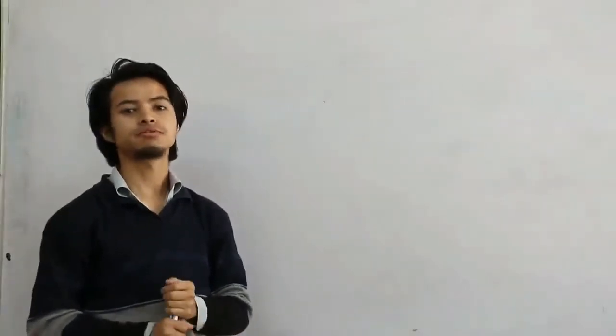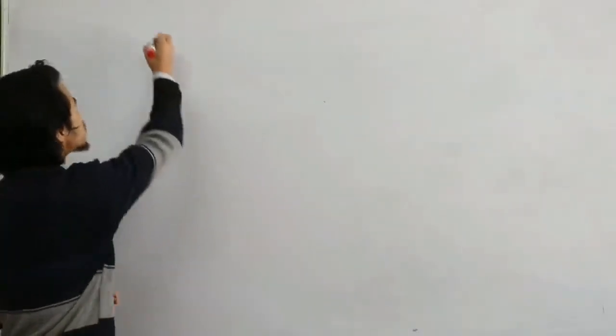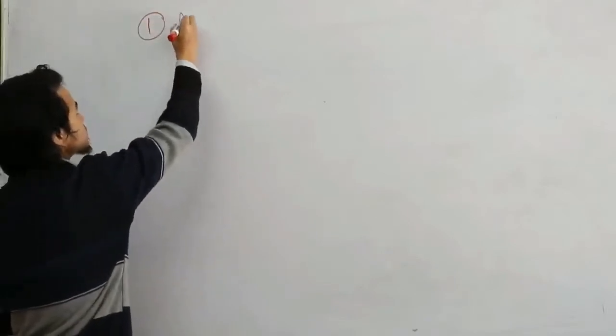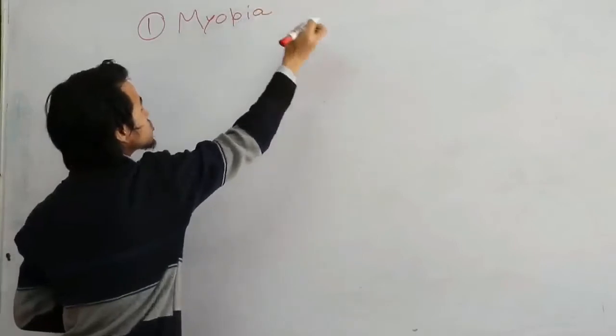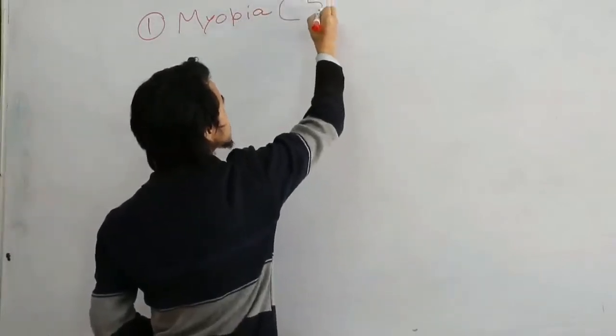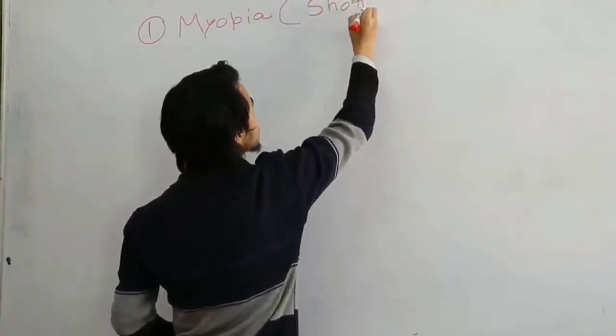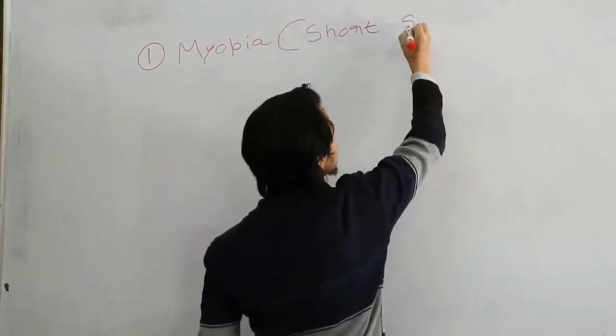The first common defect of vision is myopia or short-sightedness.